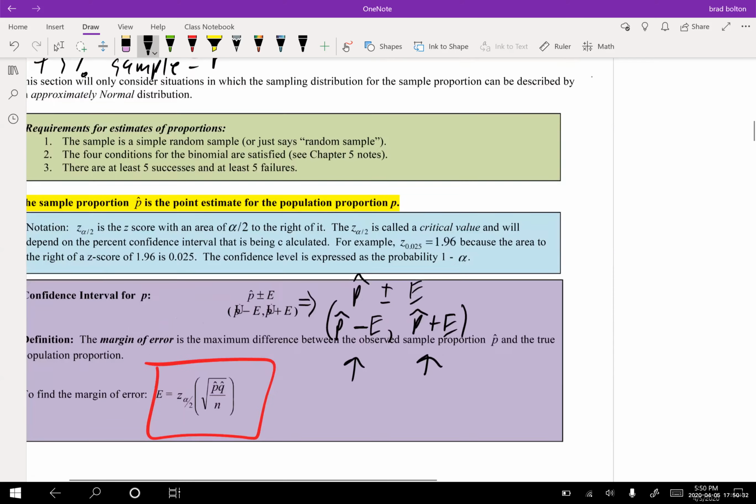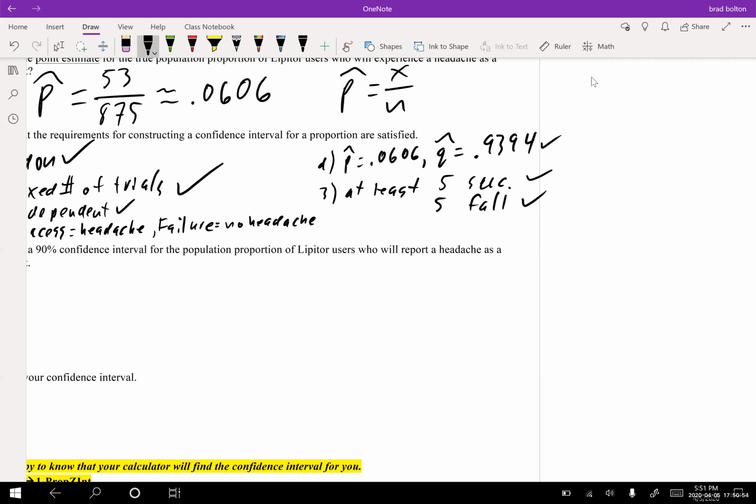Check. So this is 3, check, at least 5 successes. There are obviously 53 people that have a headache, much more than 5. There are 800 and something, 822, that did not have a headache. So everything checks out. We're feeling pretty good.